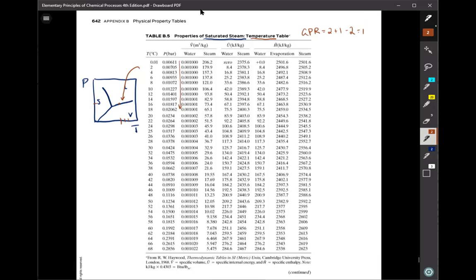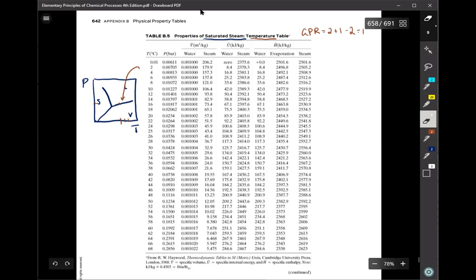You have to get out to the 6th significant digit or the 5th significant digit before it starts to matter. So for this reason, this is why we commonly just assume that the specific volume of water is 0.001, corresponding to the density equaling 1,000.